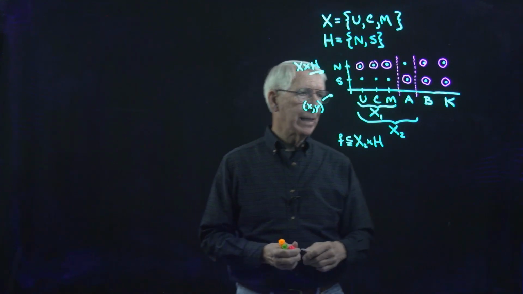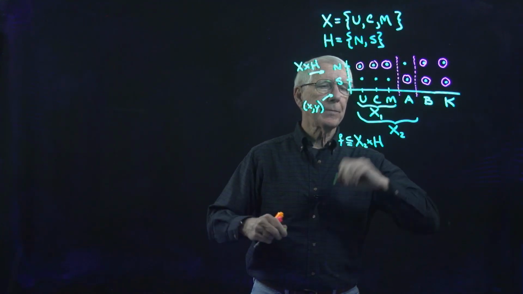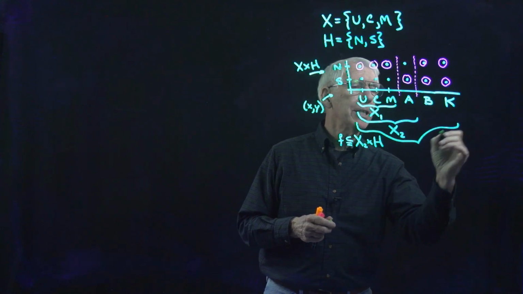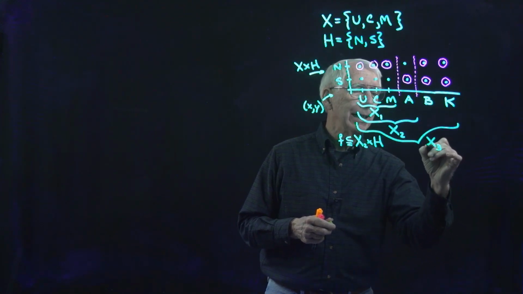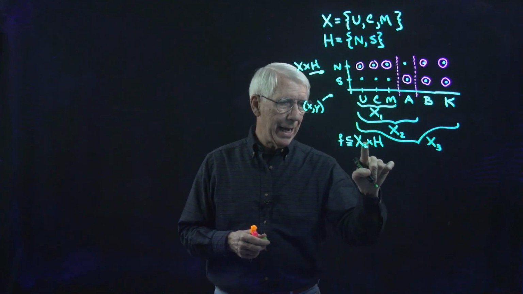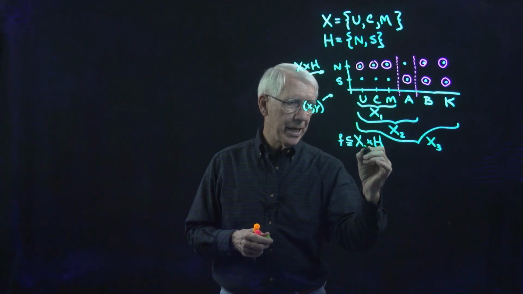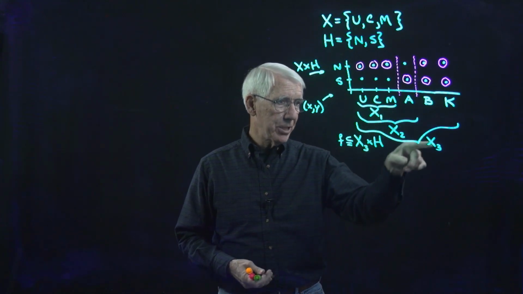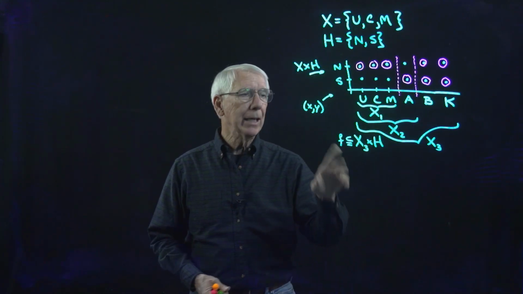So now what have I got? Let me call that, again, I took some of this space here, but I'll do this. Call that X3. And so now I want my F to be a subset of X3 cross H. And that F as a subset of X3 cross H is perfectly well defined.